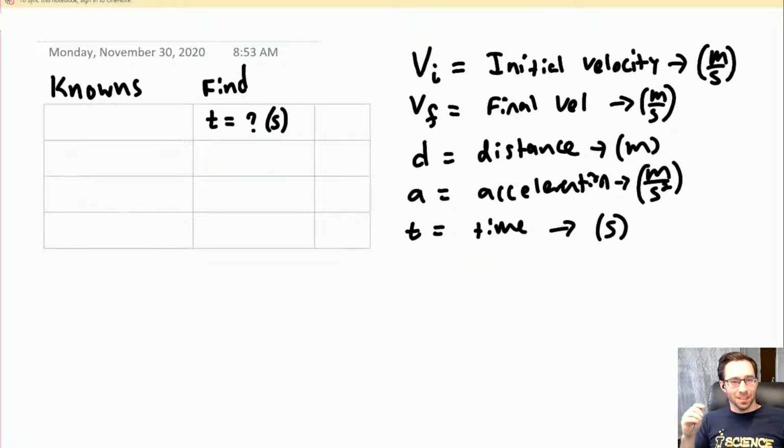So, read what Hans just wrote. The amount of time that it takes to go up would be the same amount of time that it takes to come down. Does that make sense?